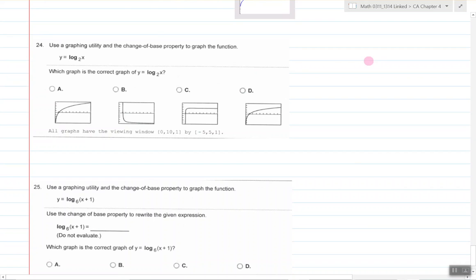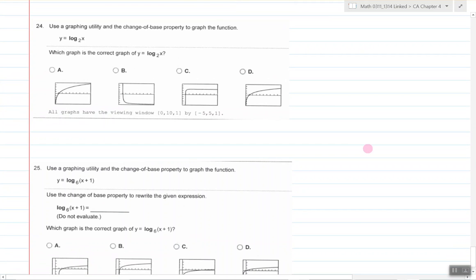Let's look at 24. On this one, we don't have to do that first step. We're just going to go to the grapher and say, okay, y equals, I'm going to use natural logs this time. It does not matter. I'm rewriting this using the change of base formula. It's the natural log of x, that'll be in parentheses, divided by the natural log of 2.